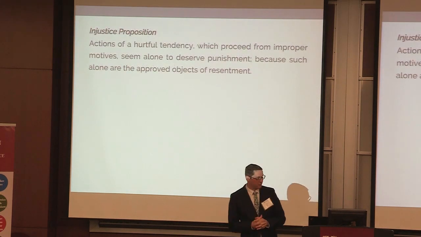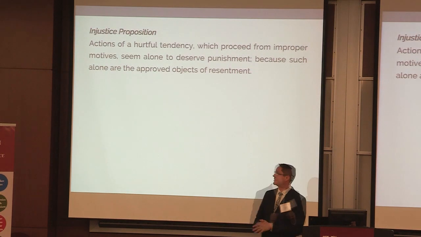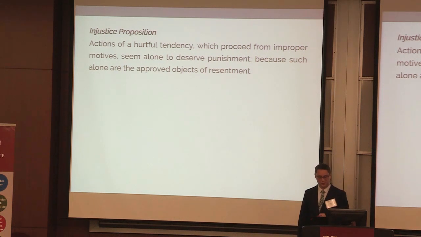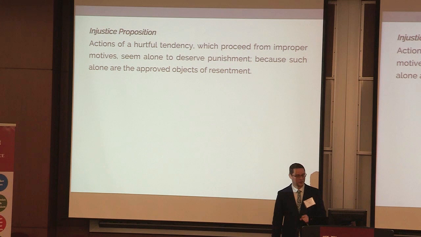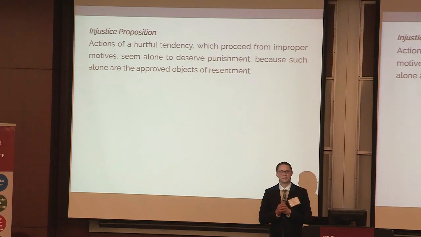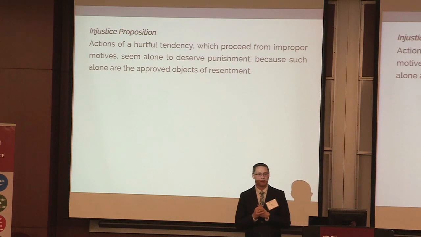A third proposition, called the injustice proposition. He says, actions of a hurtful tendency which proceed from improper motives seem alone to deserve punishment. Notice that sounds very similar to the beneficence proposition.